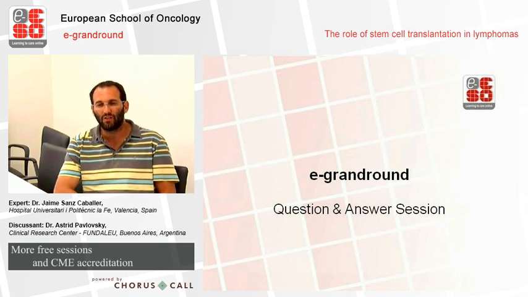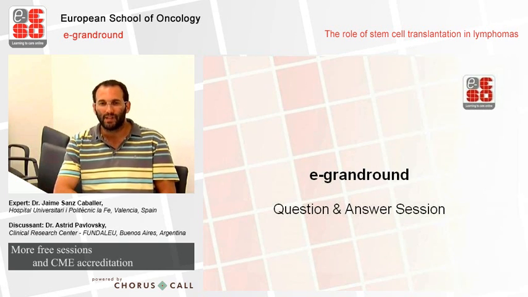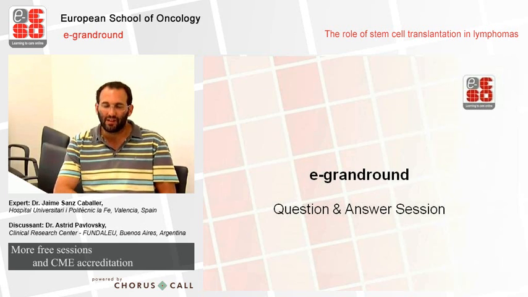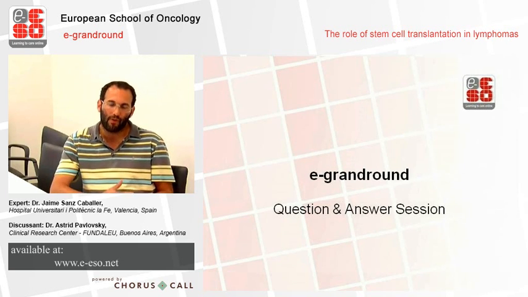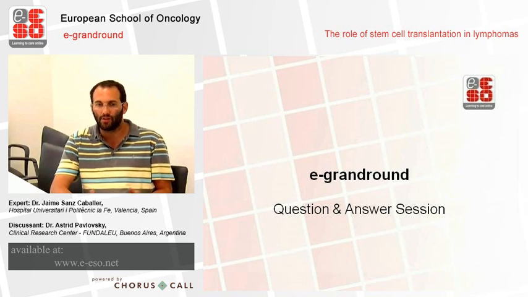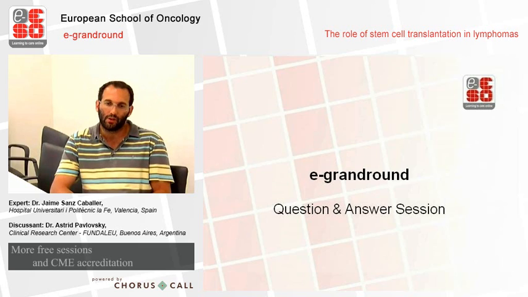The role of allogeneic transplant is not that clear. A possibility is to offer the chemotherapy of an autologous transplant followed by the allogeneic transplant in a tandem approach. That is a possibility that needs to be investigated.